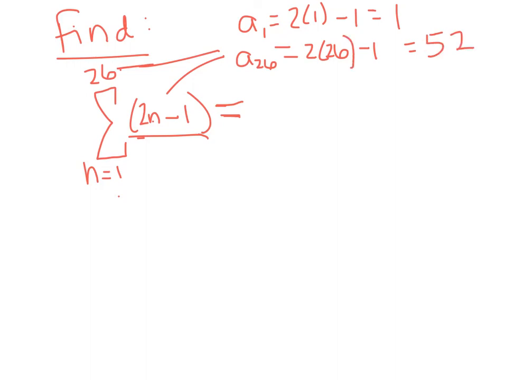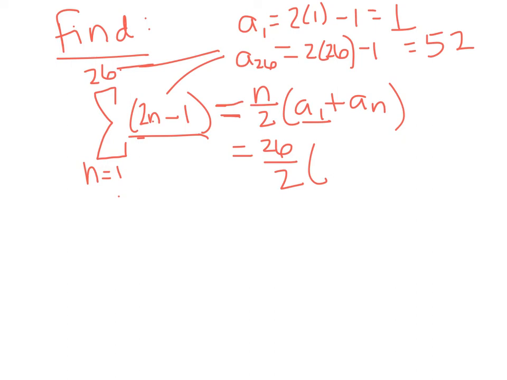Which is 52. And then I'm just going to plug it into my n over 2 times a1 plus an. So my n is 26 over 2. My a1 is 1. My a26 is 52, 51 actually. Sorry about that. I didn't take my 1 off.